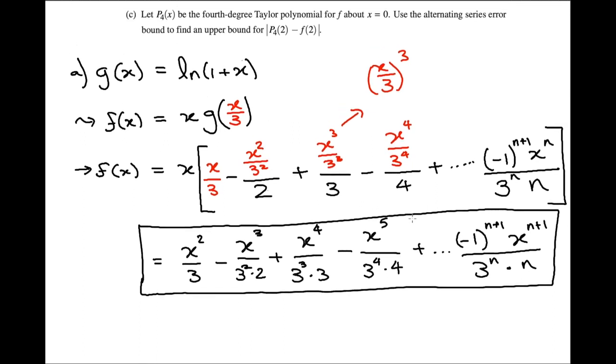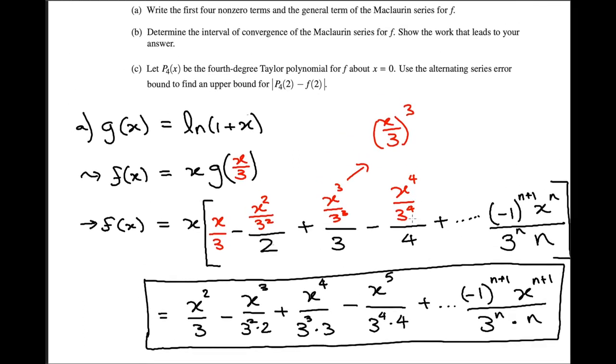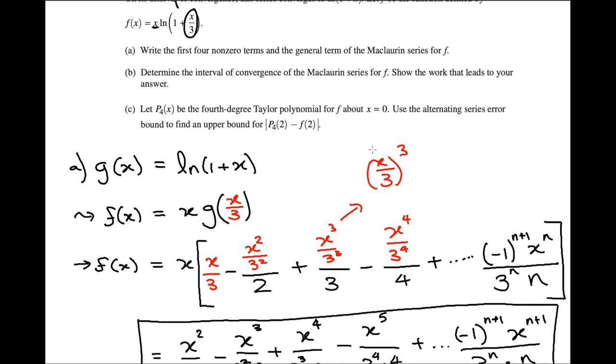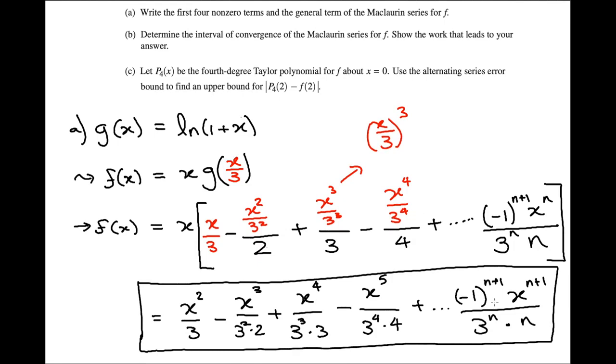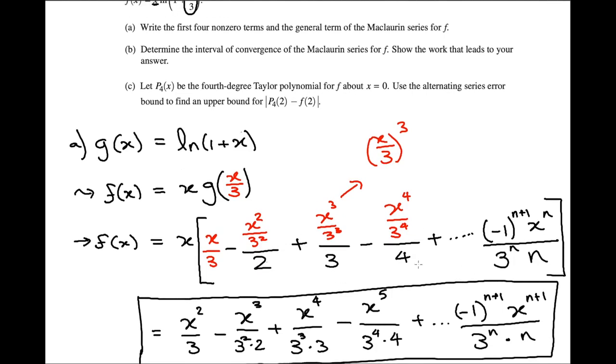Sweet. All right, so now let's take a look at what part B is asking for. So part B is saying, determine the interval of convergence of the MacLaurin series for f, which we just found down there, and show the work associated with that.